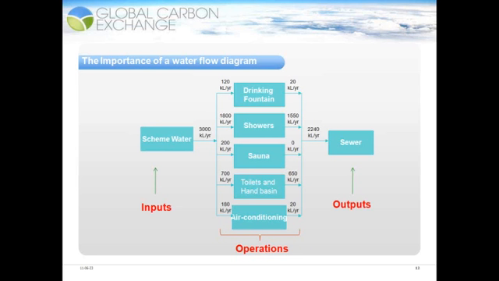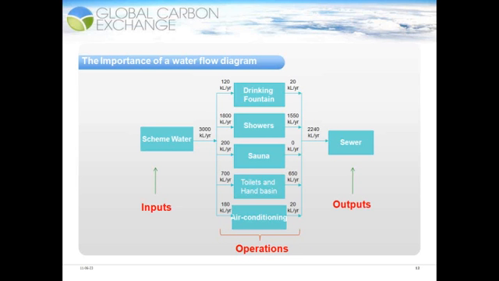So in this example, the only input to this system is the municipality scheme water. It then represents that 3,000 kiloliters per year enters the entire system. Now, one way to know how much water actually enters the system per year is to analyze the monthly water bills. By adding up the monthly kiloliter consumption, that will give you the annual kiloliter consumption of the facility as a whole if there are no other water inputs available.